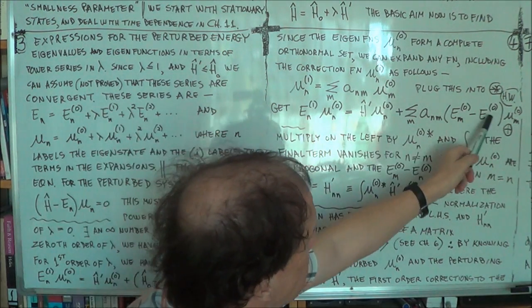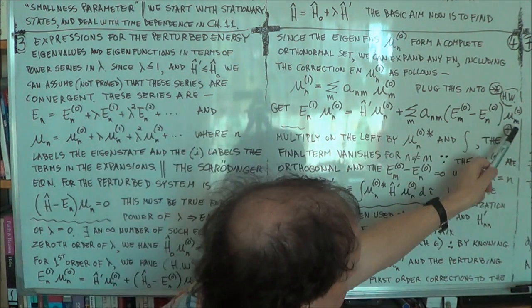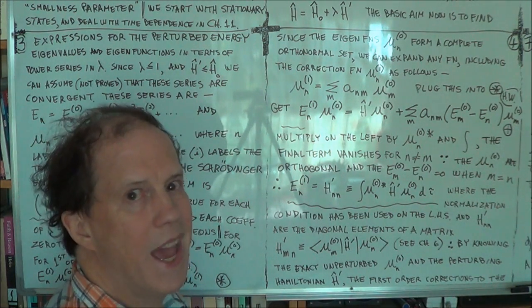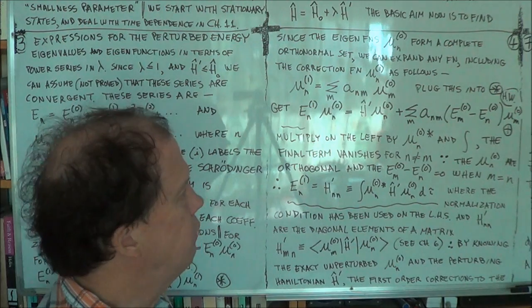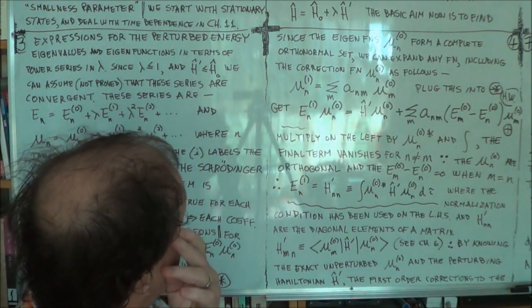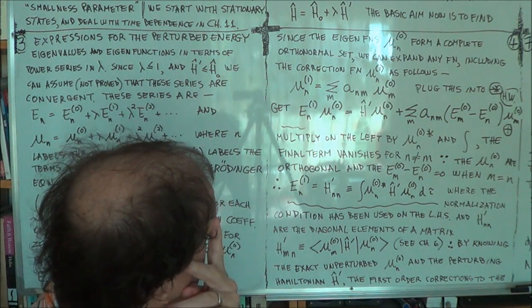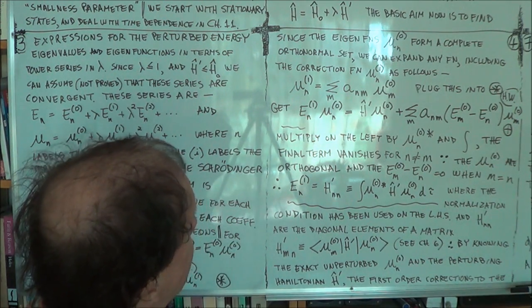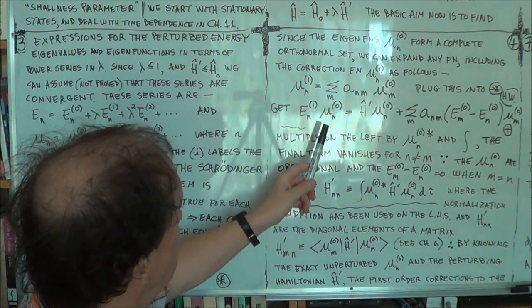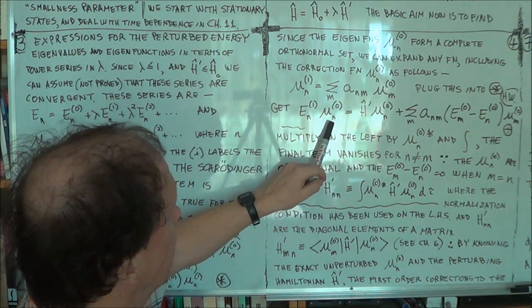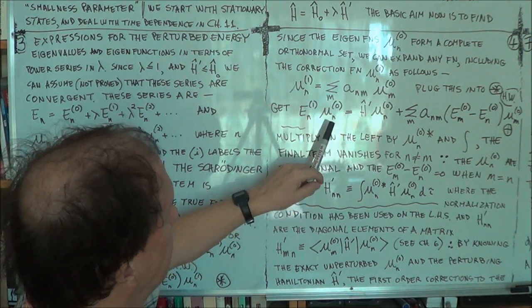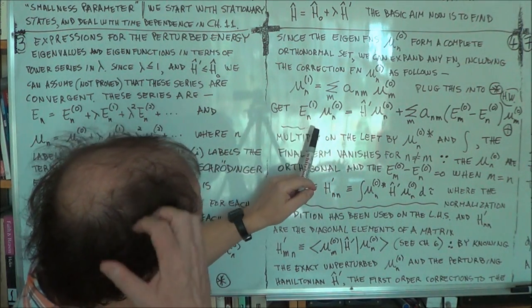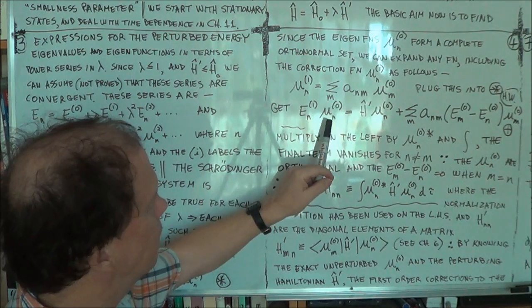So this whole term here will drop out because of the orthonormality of this, when m and n are different. Okay? So when m and n are equal, you see you've got an n here and an n here, and you're multiplying by u_n.